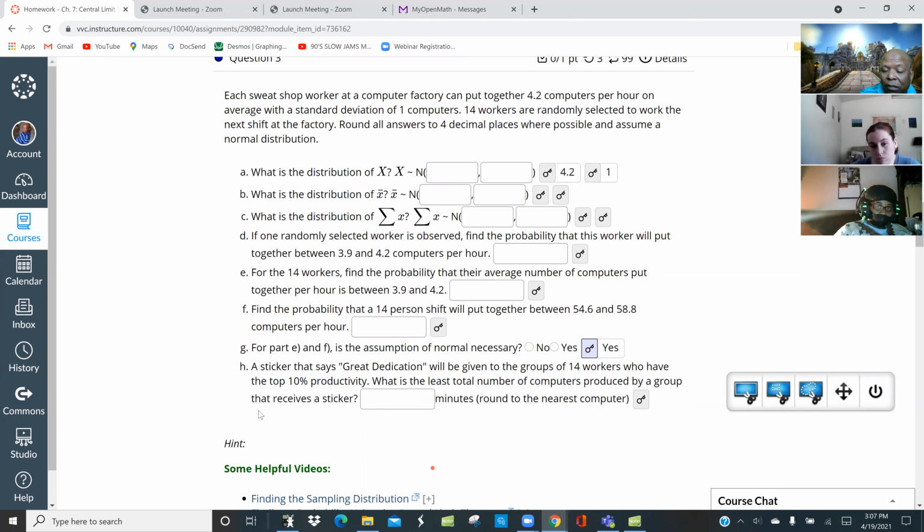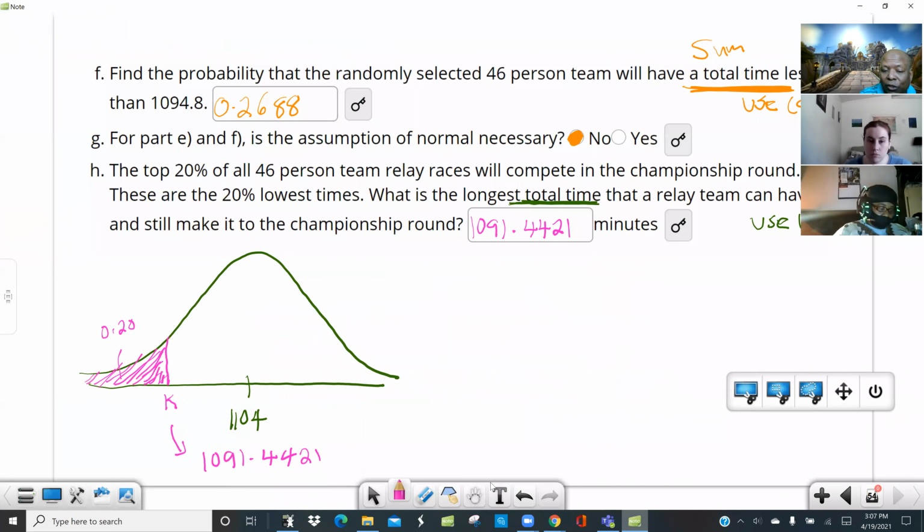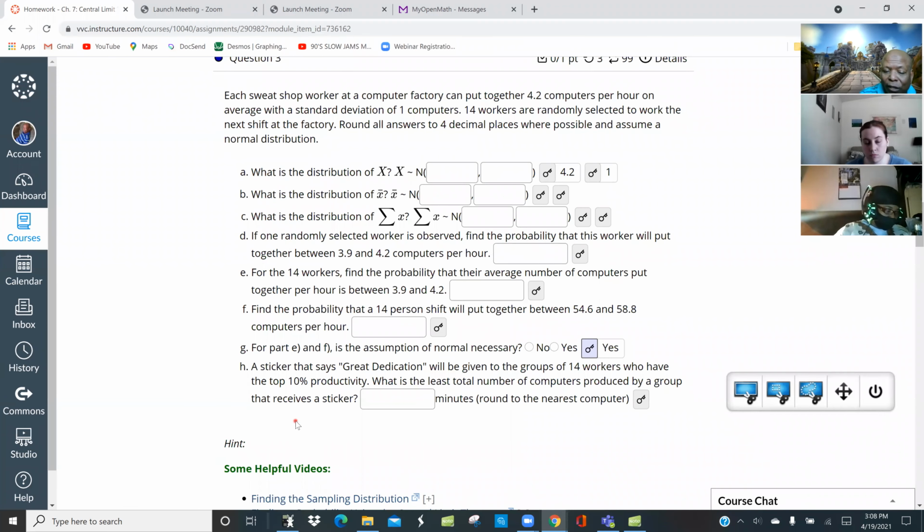So in this case, unlike shading to the left, you are going to shade to the right, because if a group produces more computers, then they're going to be working harder. So the more you produce here, the more likely you are to be given a sticker that says you did a great job.